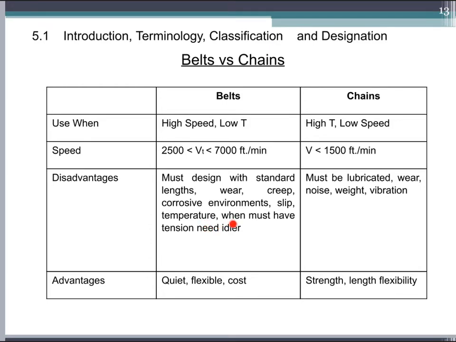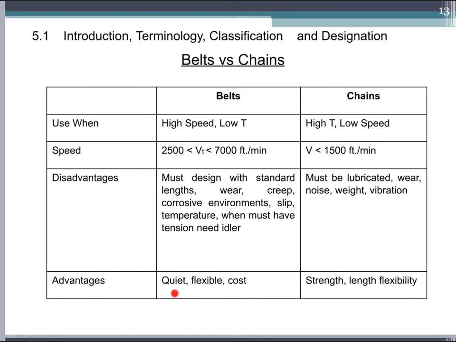And then when the belt stretches, we need to use an idler as a tensioner. Disadvantages related to chain: we need to maintain it by lubricating, and it wears easily, with noise, weight, and vibration.